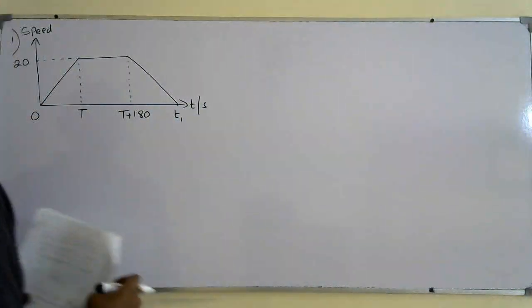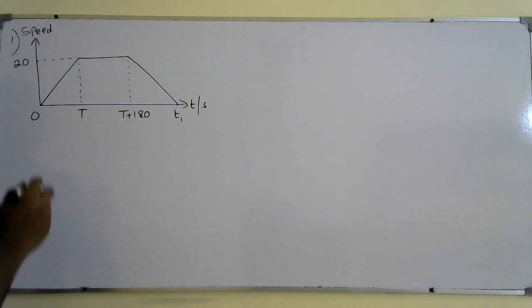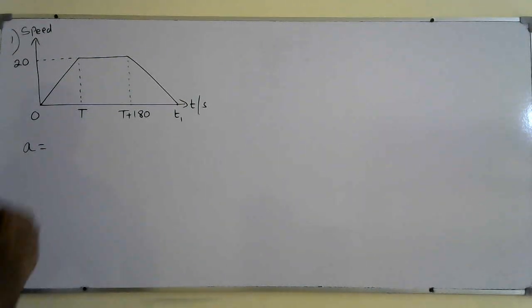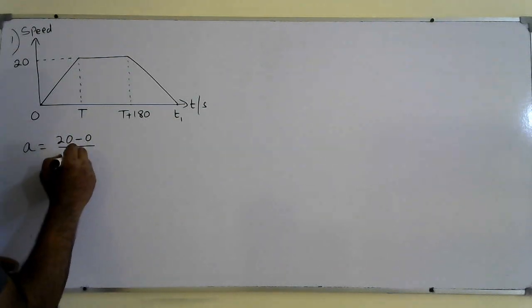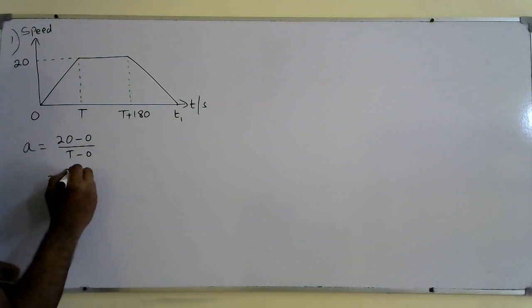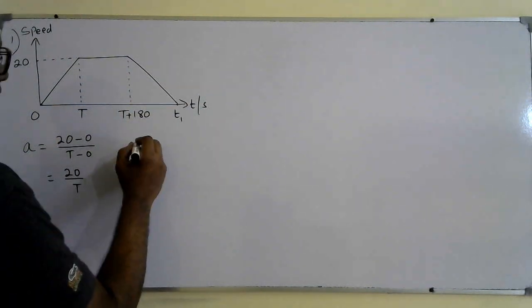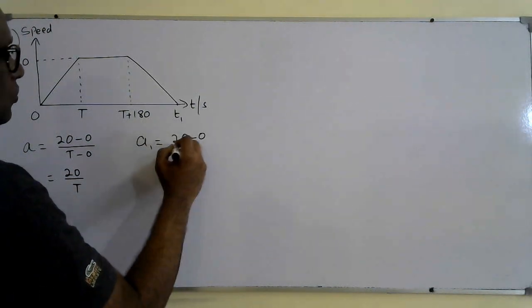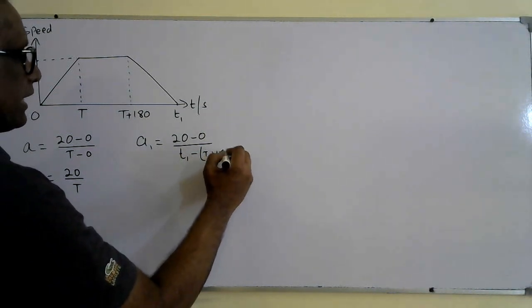So we say that the acceleration is twice the deceleration. The acceleration A is the gradient, that is (20 minus 0) over (t minus 0), that is 20 over t. The deceleration, if I say A1, is (20 minus 0) over (t1 minus (t plus 180)), the gradient.